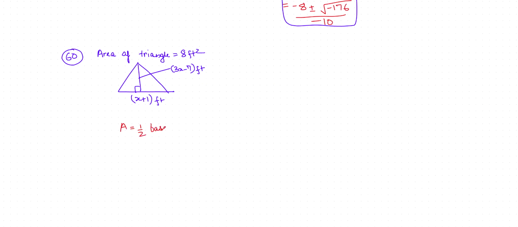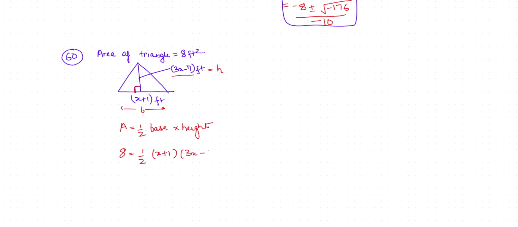We see that there is a perpendicular sign here. So this 3x minus 7 is the perpendicular height h, and x plus 1 is the base. And the area is 8.